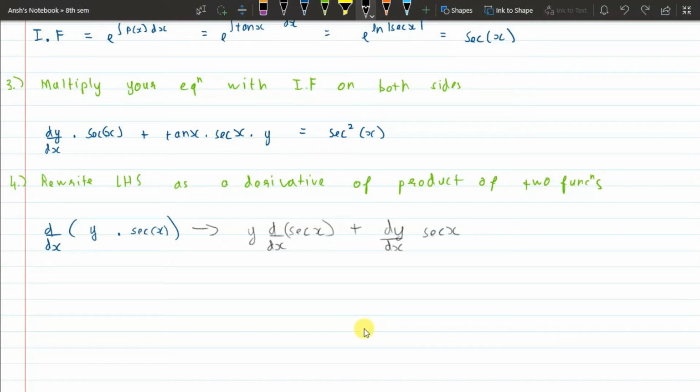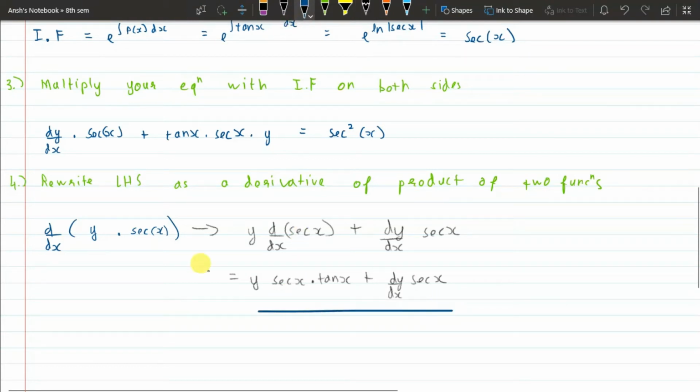So let's simplify this a little more. So we have y, and then the derivative of sec x with respect to x is simply sec x multiplied by tan x, and the second term will remain as it is. Now if you compare this term that we just calculated with the term that we had earlier, you can see that these two equations match completely.